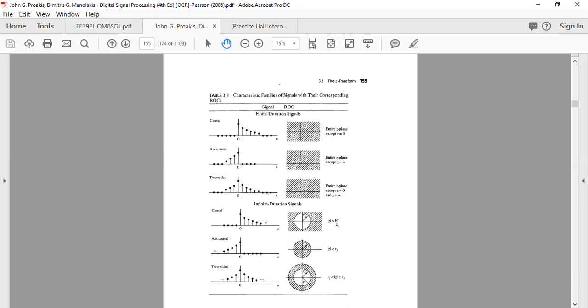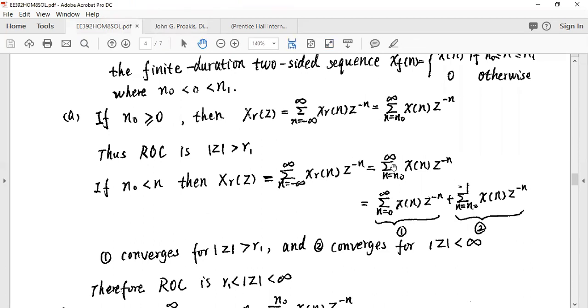The values of z have to be greater than the radius r2. So the region of convergence for this part will be the absolute value of z greater than r1, and then we need the region of convergence for the other part.